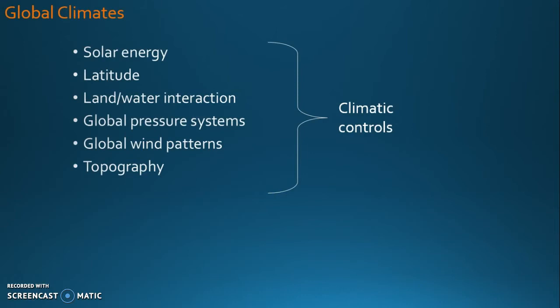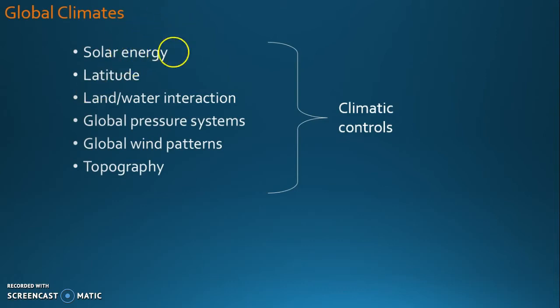Okay, climate: solar energy, latitude, land-water interaction, etc., are controls, things that determine the kind of climate we have. And basically, climate is determined by both temperature and precipitation. So, for example, latitude: places that are farther from the equator tend to be colder, such as Canada, Alaska.